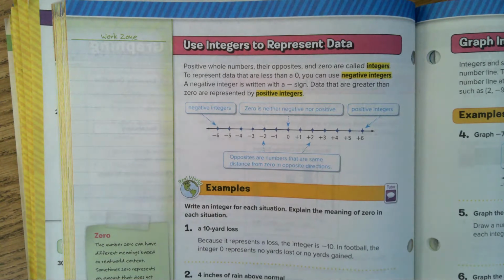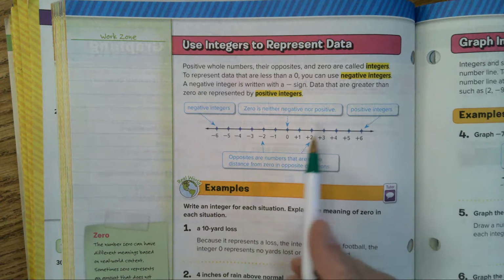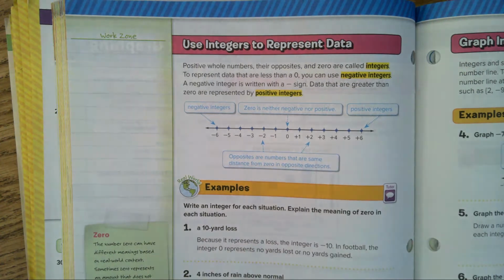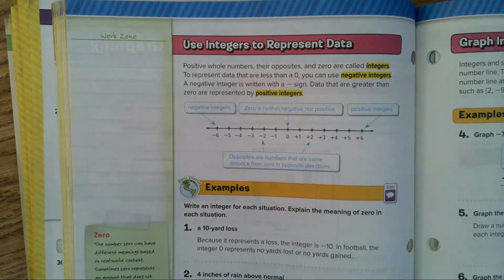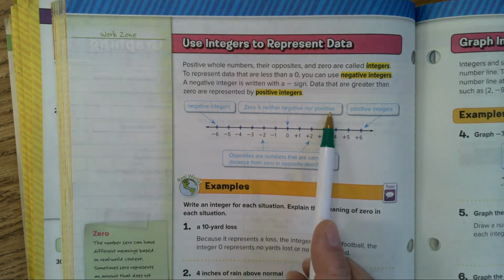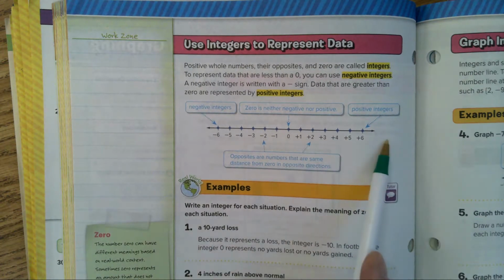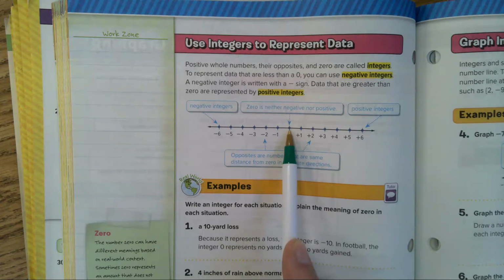Data that are greater than 0 are represented by positive integers. But kids, we don't put a plus sign for our positive integers, do we? We just put a number down without a sign in front of it. A number without a sign in front of it is a positive number, except for 0. 0 is not positive, nor is it negative, okay? Negative numbers, positive numbers, 0 is in between.